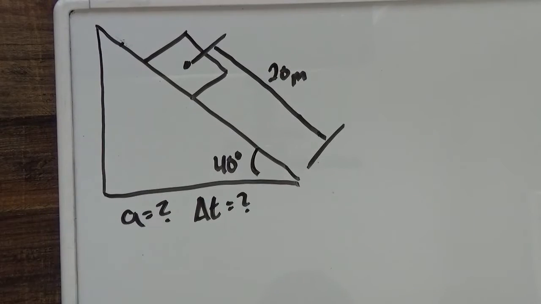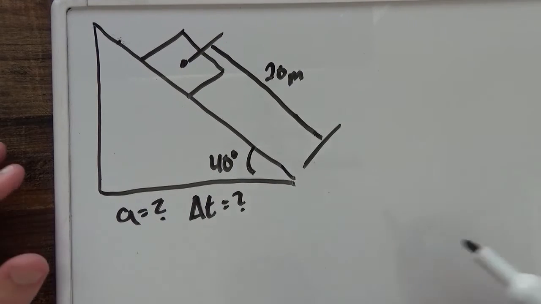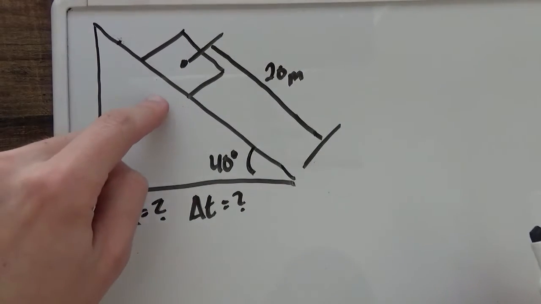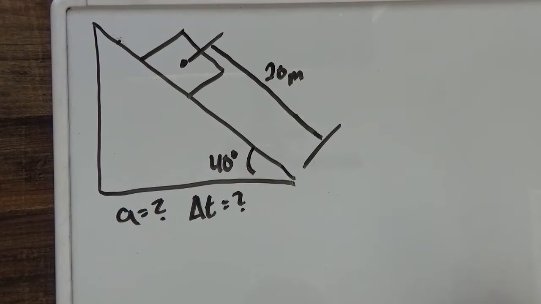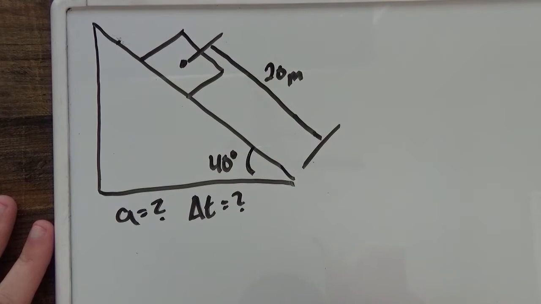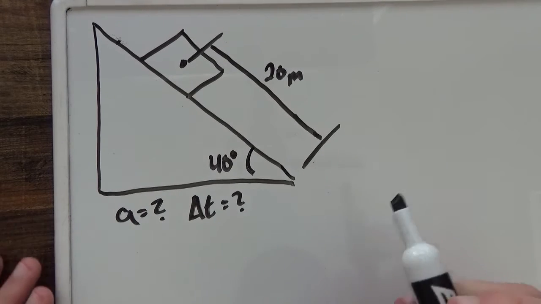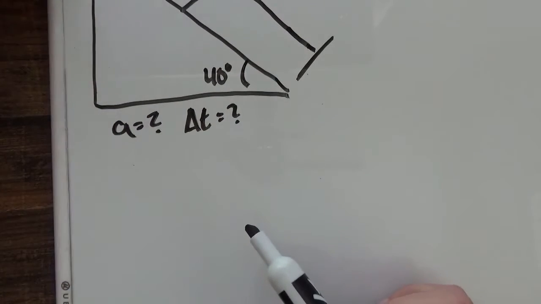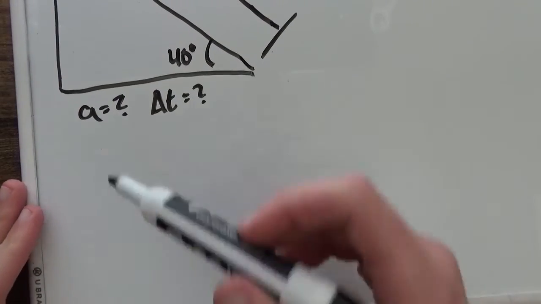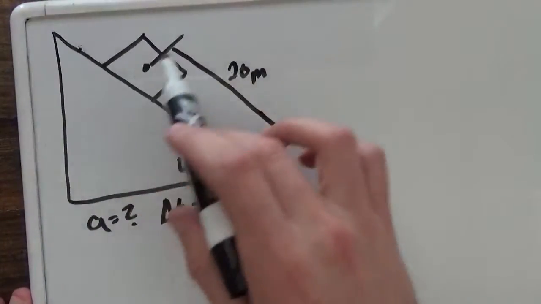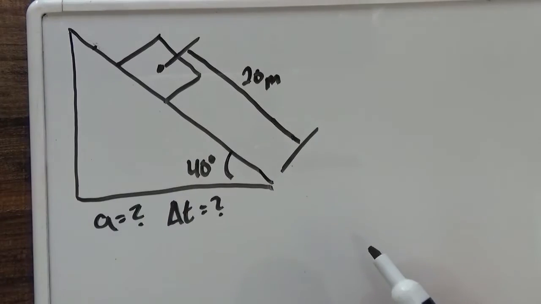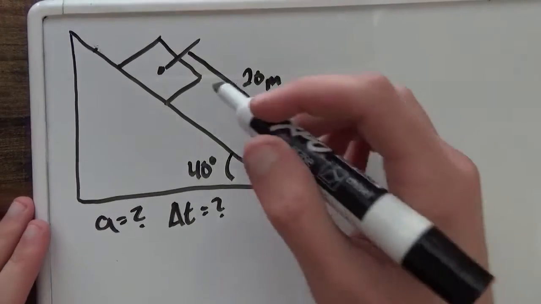Great. First step in any forces problem is a free body diagram. So remember, since they're on an angle, we talked about how it is to your advantage to draw the free body diagram at an angle. So I'm going to show you both things. I'm going to draw it down here, straight up and down, and I'm going to draw it on the box at an angle so that you can see both of them.